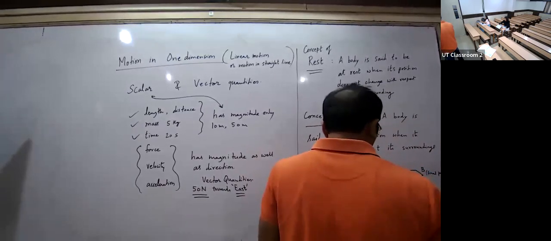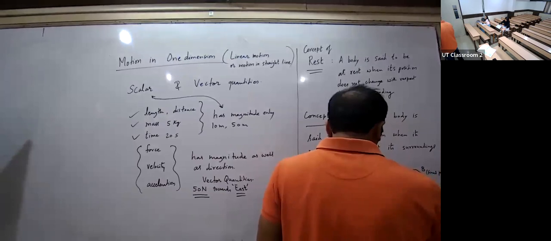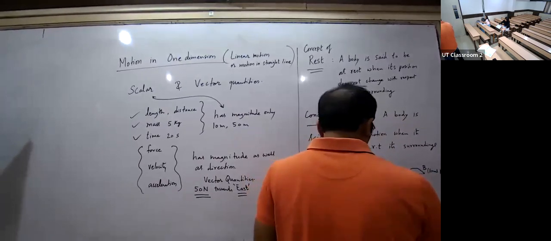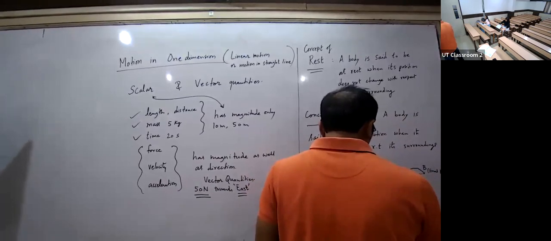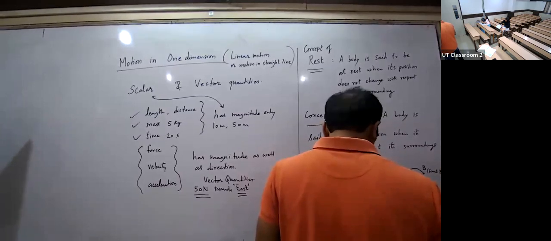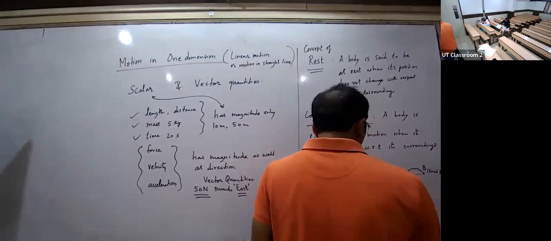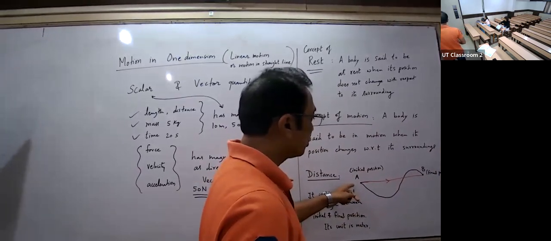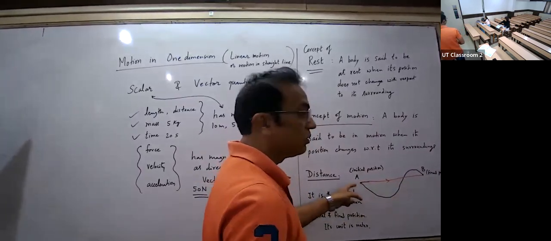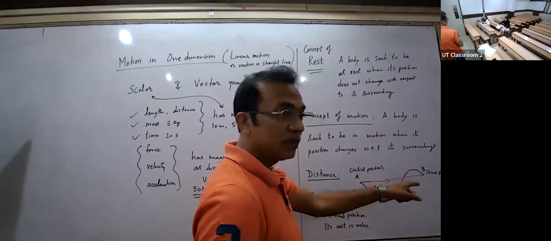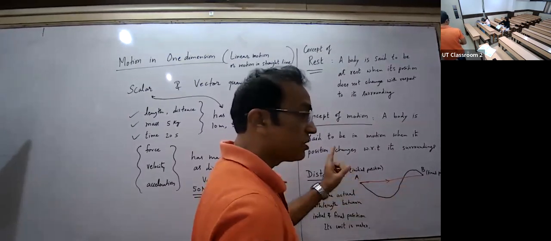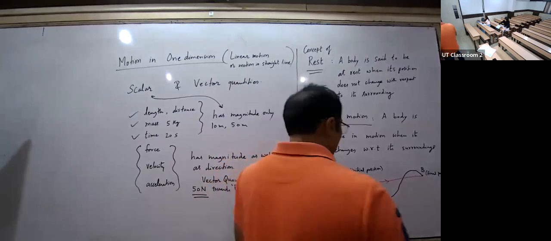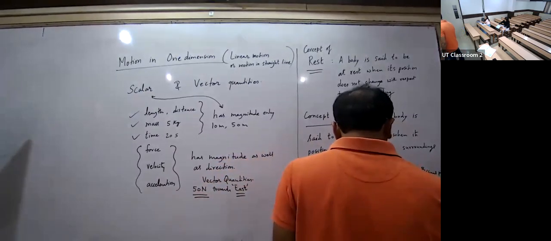When it continues to travel in the same direction from A to B. So the shortest distance between A and B in a specific direction, that is called displacement.